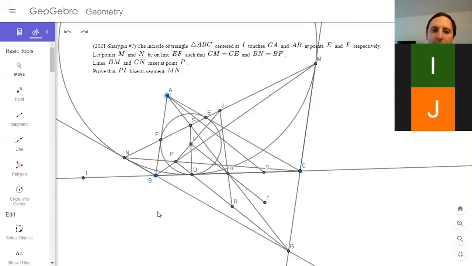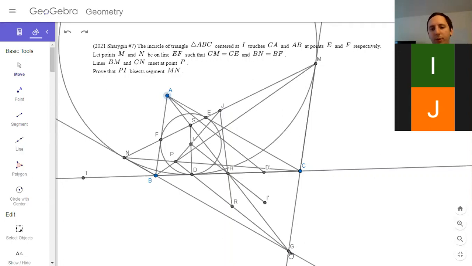Yeah, and it's also going to be parallel to, yeah. Let's see, how do we get to that final? I feel like there's a lot of structure in this configuration, but eventually we have to get to PI bisecting MN. So somehow, I'm just trying to think what a strategy would be.